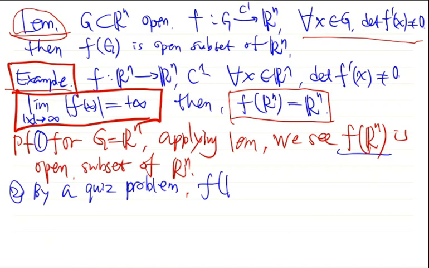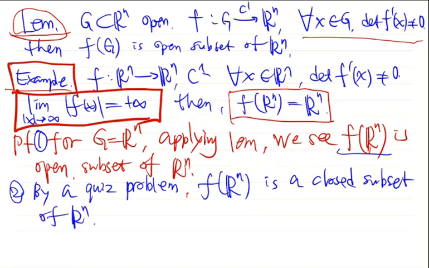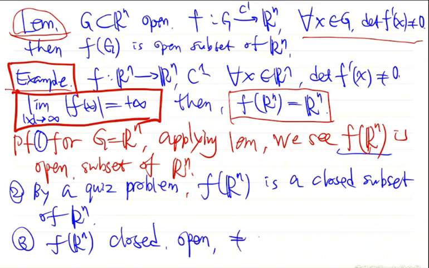Okay, so now from the problem in our second quiz, we know that because the limit is infinity, this is a closed subset of Rn. Okay, now the image of this map is closed and open, and of course it is not empty. So F of Rn is closed, open, and not empty.